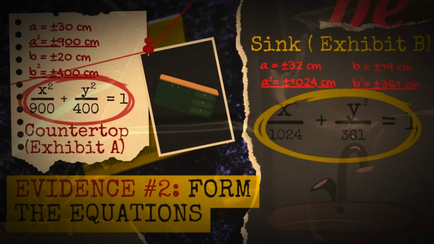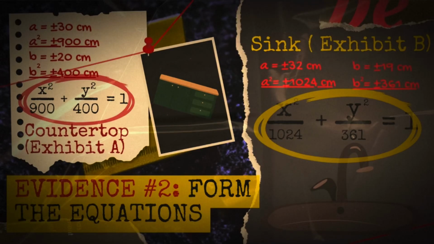Now we have our evidence piece number 2, form the equations. We already mentioned earlier that the standard form equation of an ellipse is x squared over a squared plus y squared over b squared equals 1. In our given, we will need the values of a squared and b squared. Now that we have the values of a and b, we will simply square them.